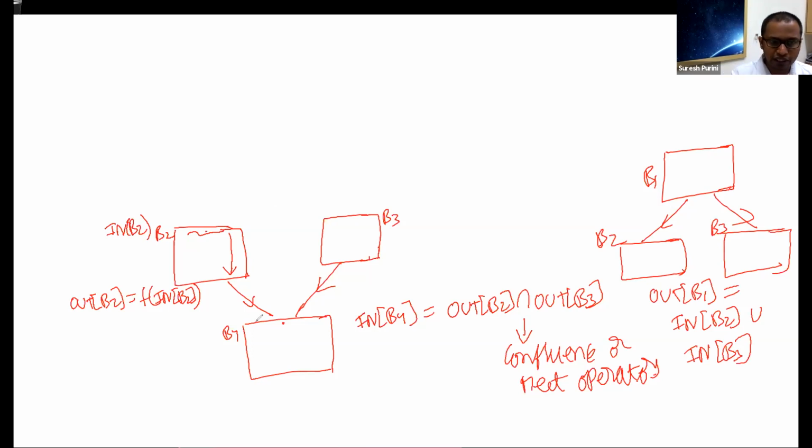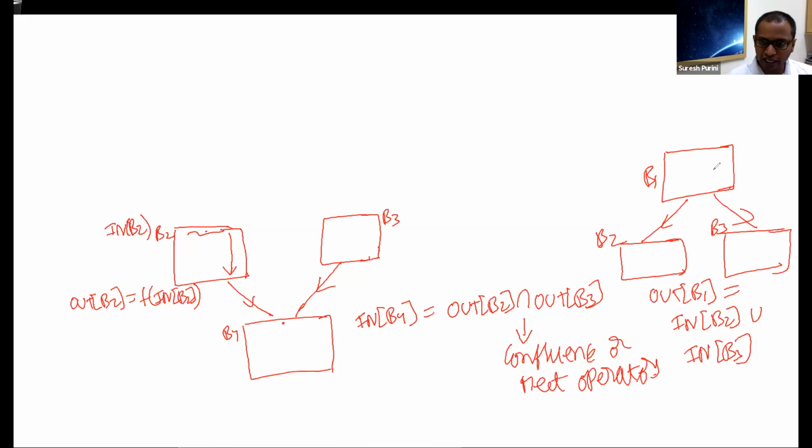But here, the expressions that are available at the beginning of this basic block depend on the outsets of the predecessor basic blocks, and the way we merge that information is by using an intersection operation.